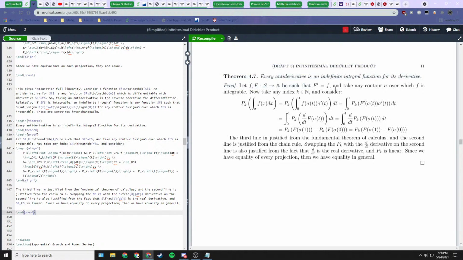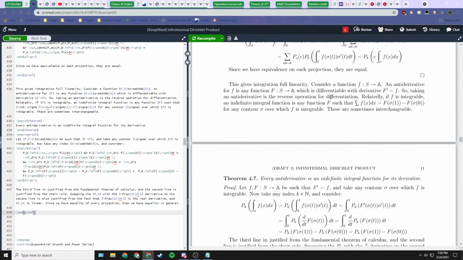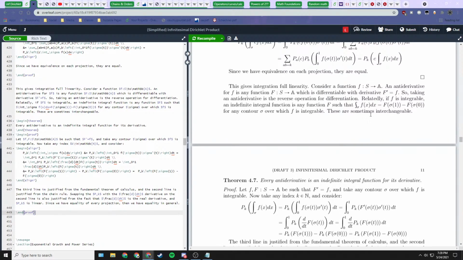And essentially the reason that this happens is that we've defined an indefinite integral function in terms of paths, sigma. So for example, if a function is not integrable on any path, then technically this definition doesn't include that case.